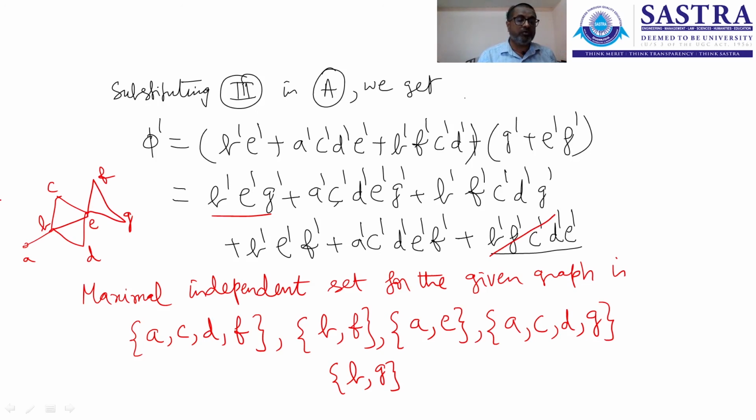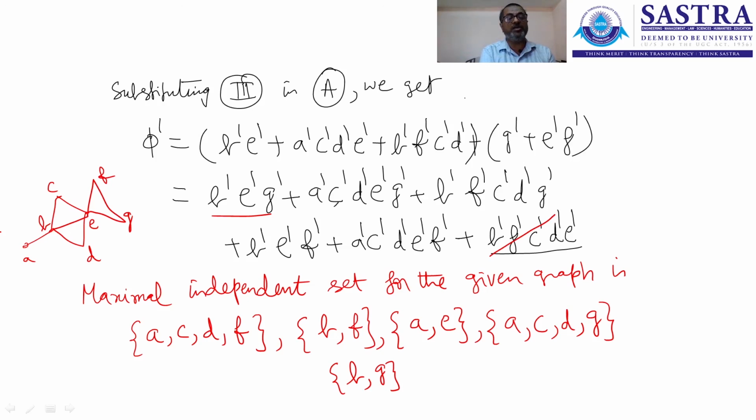and the other independent set is B, F. When I include B, then I cannot include A, C, E or D. Out of these two, F and G, I have to include one, so I have included F here. Similarly, when I include A, I cannot include B. And when I include E, then automatically I cannot include C, D, F or G. So A, C, D, G is also a maximal independent set.